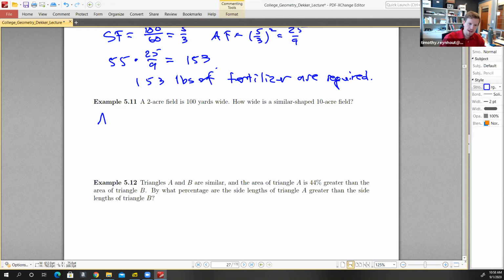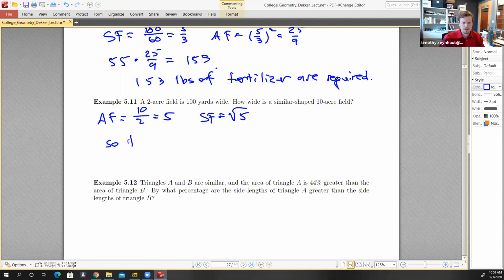So we know the area factor to go from the 2-acre field to the 10-acre field. Again, we'd have to divide by 2, multiply by 10. So that's 5, right? We multiply by 5 to go from the 2-acre to the 10-acre. The scaling factor squared is the area factor. So the scaling factor has to be the square root of 5.